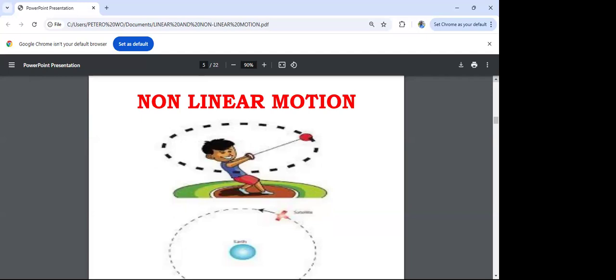So we are seeing a boy playing with a ball, and the ball seems to be going around. Then the other is a satellite, which is orbiting the Earth through a path that you are seeing there, a dotted path.